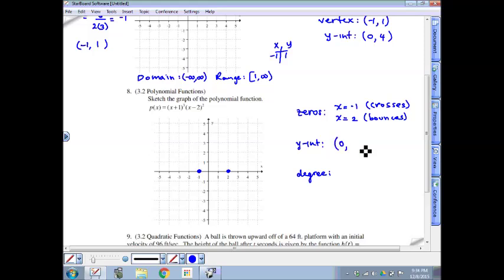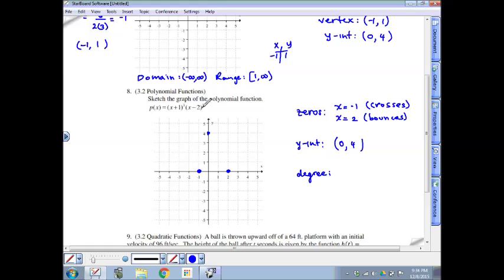Now the y-intercept, if we let x equal 0, plugging in a 0 for that x and a 0 for that x, we're going to get 1 multiplied by 4, so we have 0, 4. Now the degree, if it's in factored form like this, where it's the parentheses multiplied together, is equal to either adding up the exponents or adding up all the multiplicities.